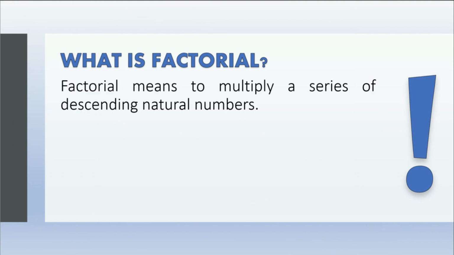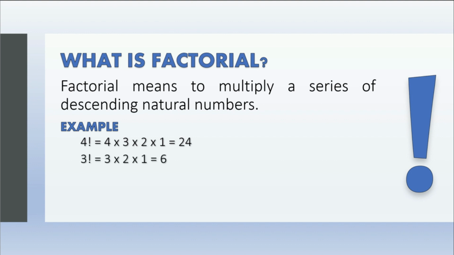Factorial means to multiply a series of descending natural numbers, which means we are going to stop multiplying when we reach 1. For example, 4 factorial, and the numbers before 4 are 3, 2, and 1. And we are going to multiply all of them. 4 times 3 times 2 times 1, and the answer is 24.